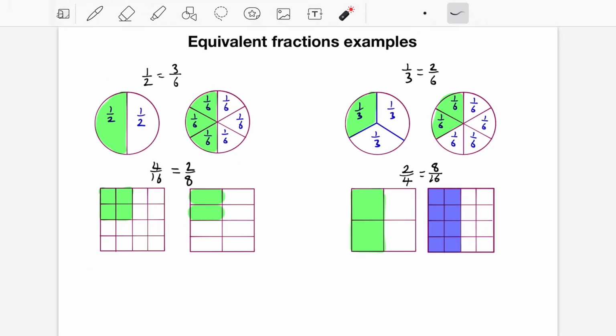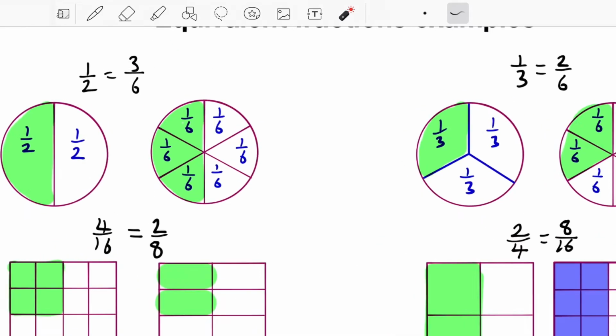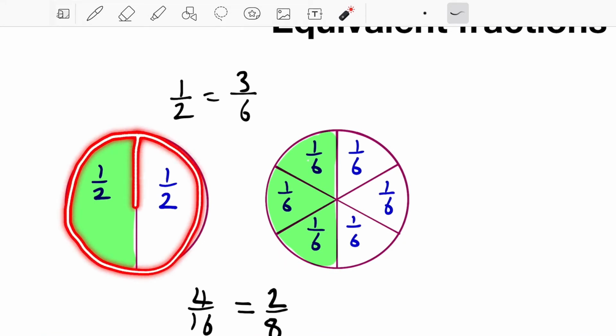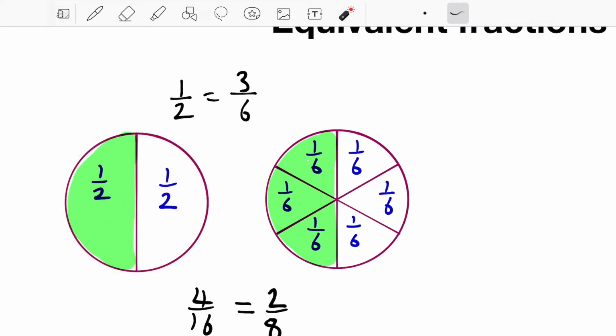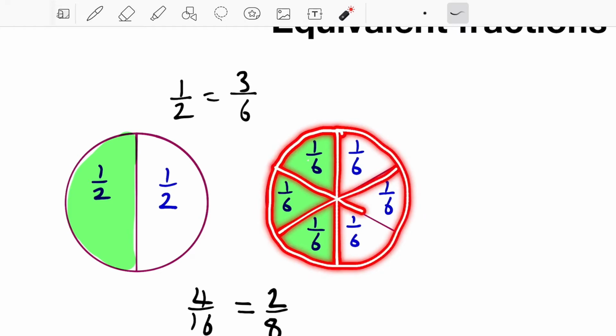Equivalent fractions. Equivalent comes from the root word equal, which means the fractions are equal. In this fraction, we have a whole divided into 2 equal parts. For this one, we have a whole divided into 6 equal parts.